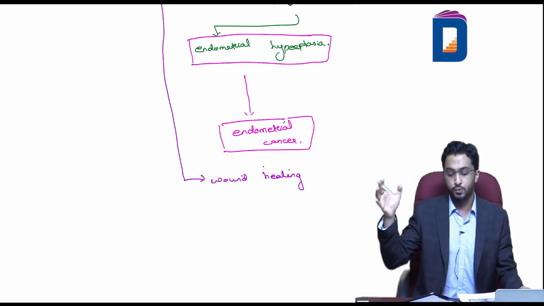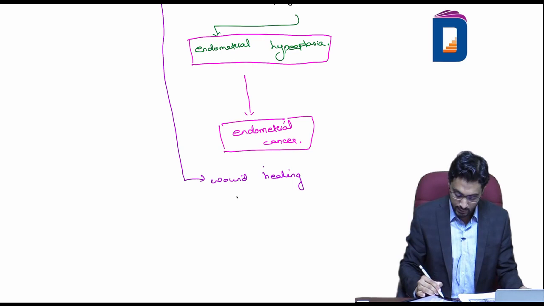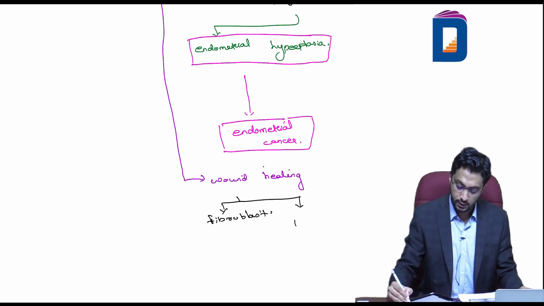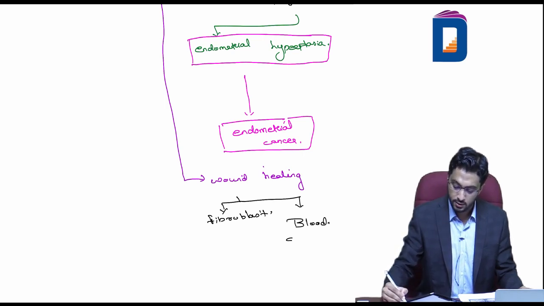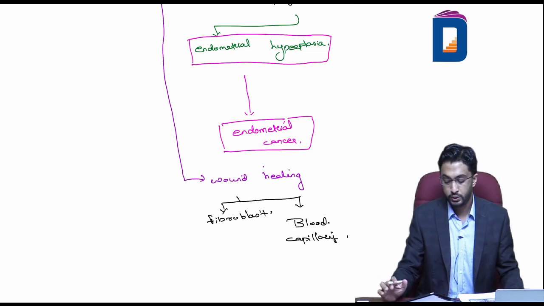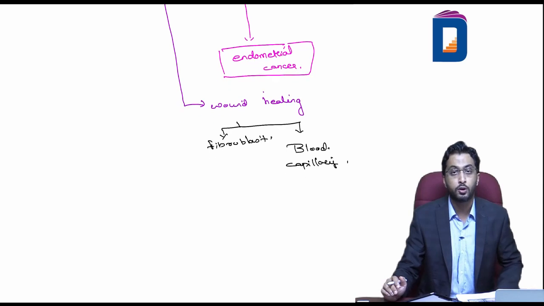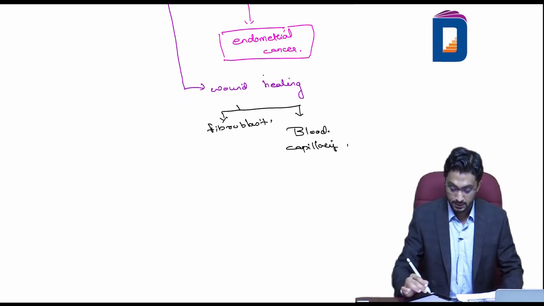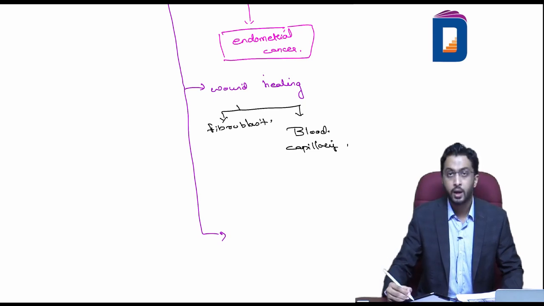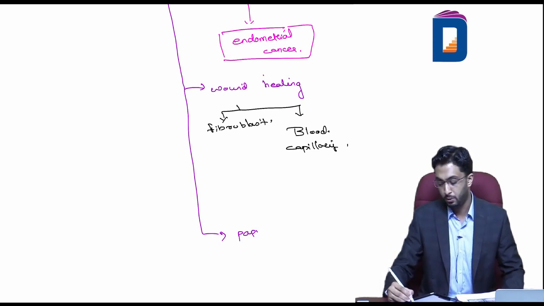The injury is due to an external noxious stimulus. So in case of wound healing, you could see that the fibroblasts, as well as the blood vessels, the blood capillaries, undergo hyperplasia. Okay, so that is the second example, which is wound healing, where fibroblasts and blood capillaries undergo hyperplasia.